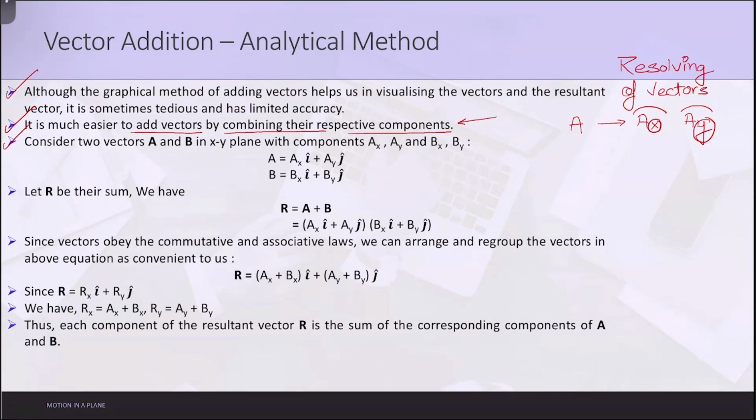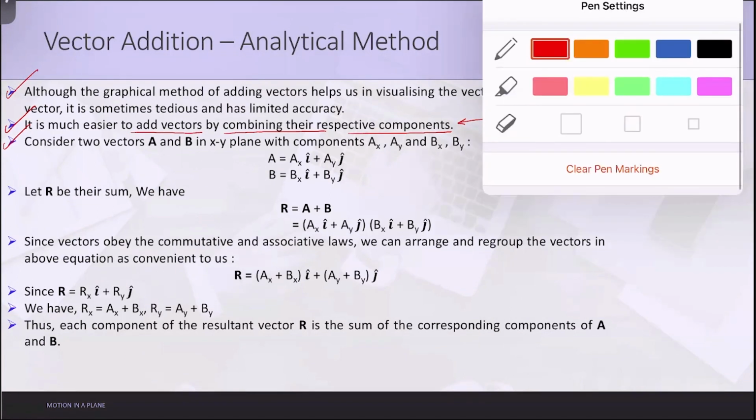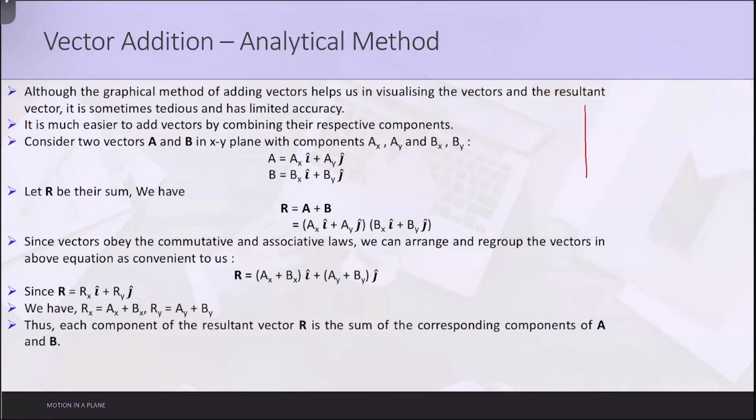Similarly, what we also did for b: it was basically your bx in the x direction and by in the y direction. Just to explain what is happening, let us put one of the vectors in xy in graphical form. Let us say this is x and y, and this is the vector a being talked about.